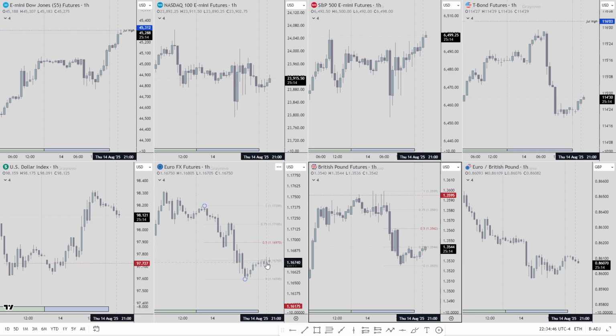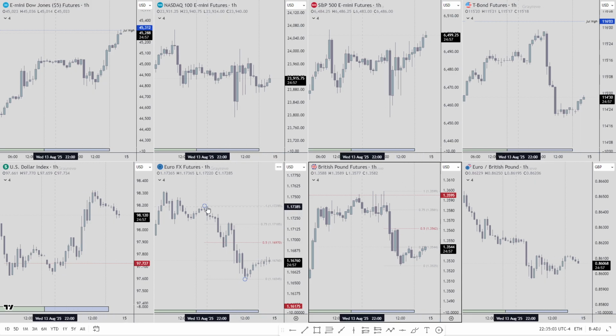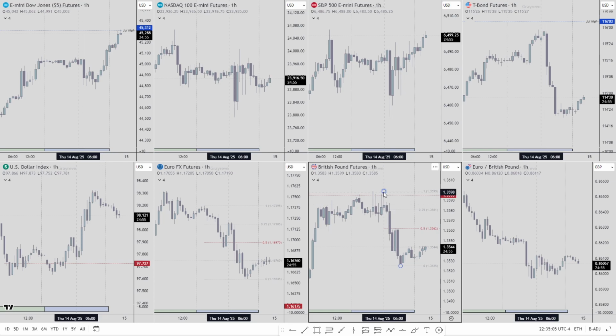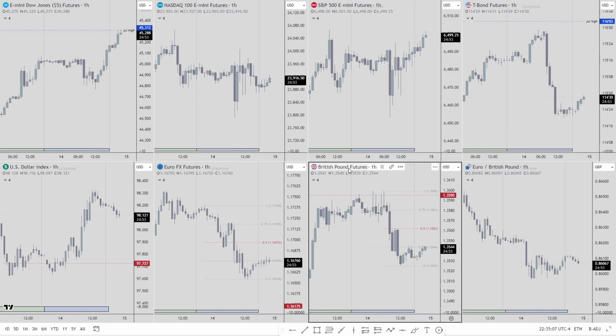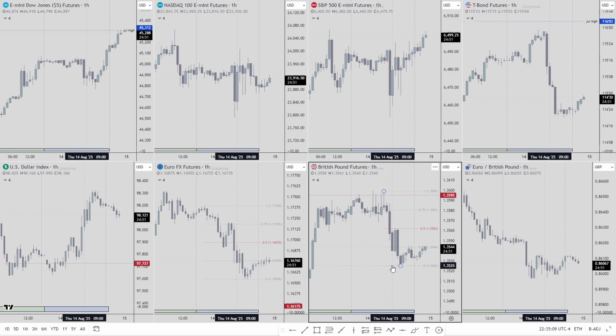Okay, if price can just consolidate around this area and then midnight comes up to stop out or trades into 50%, that would be more than enough, because trading above 50% would open up the possibility of a reversal into the highs up here for Euro, and potentially we might see some weakness on British Pound.